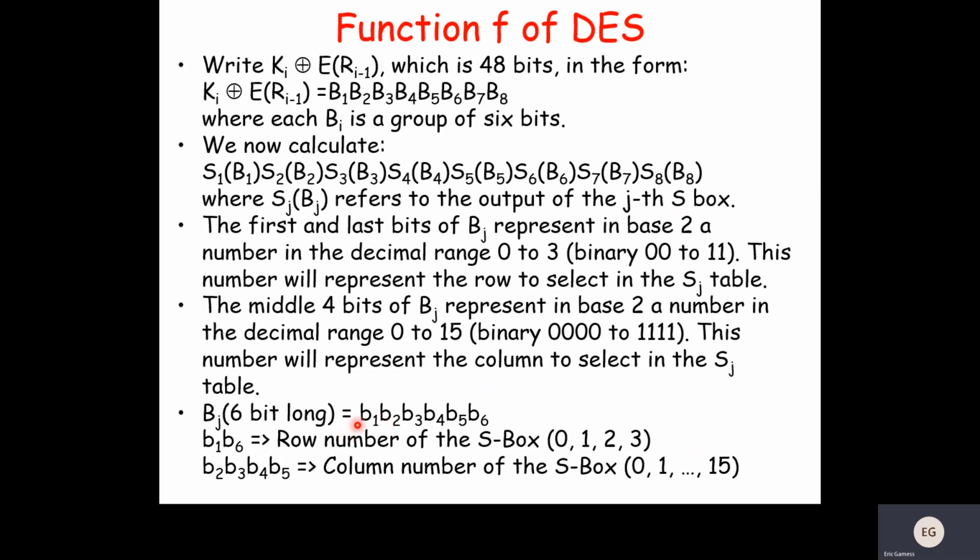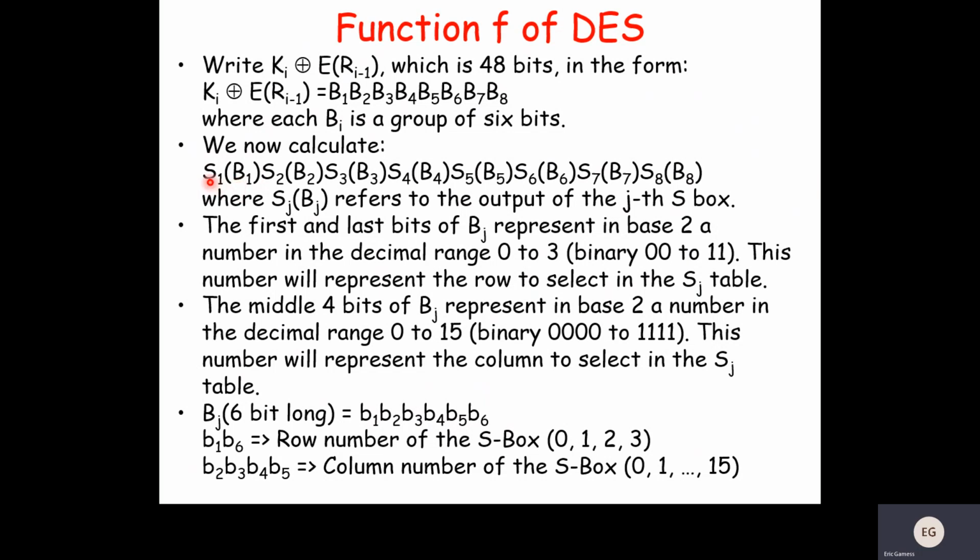So remember, the first and 6th bits, the 2 that are at the beginning and the end, will give me the row. And the ones that are in the center will give me the column. I will make the intersection of a row and a column, and there will be a 4-bit number. This 4-bit number is the one that I'm going to use to replace each application of S to a block.